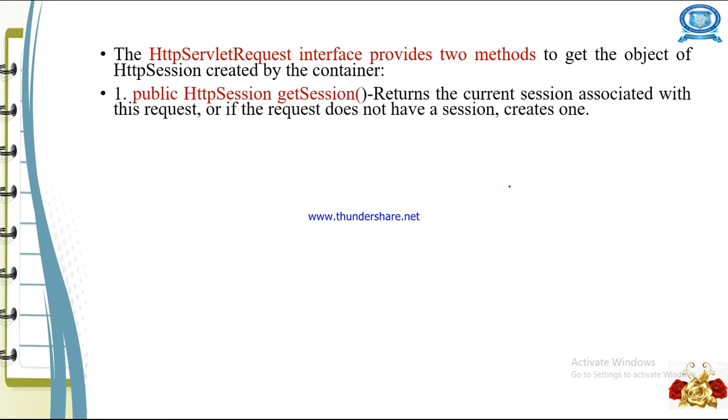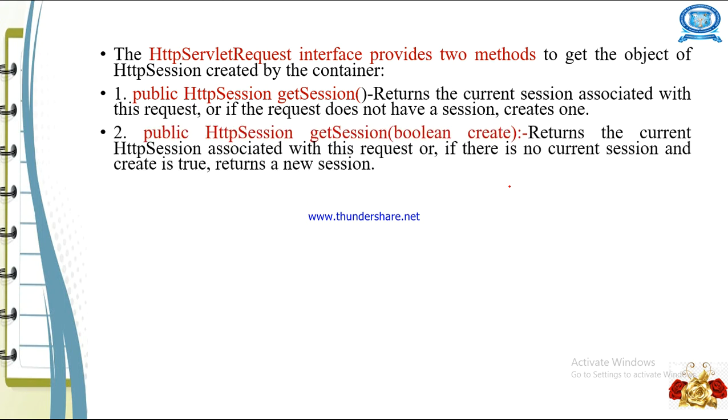Number 1, public HttpSession getSession, and number 2, public HttpSession getSession(boolean create). The first method returns the current session associated with this request, or if the request does not have a session, creates one. The second one returns the current HttpSession associated with this request. If there is no current session and create is true, it returns a new session.